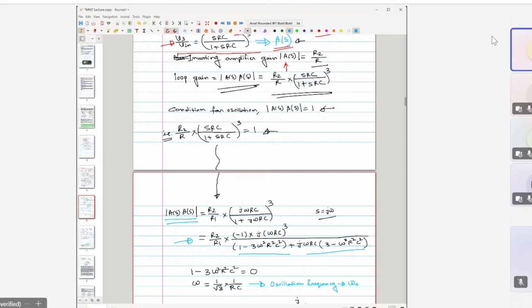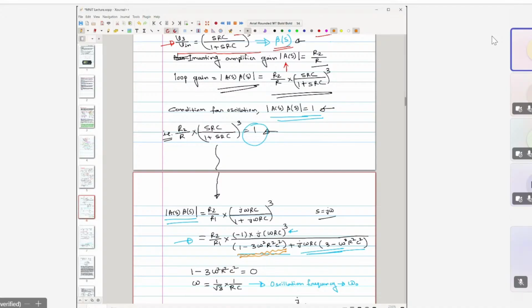But as per Barkhausen criteria, this has to be equal to 1. So that means this has to be a real term. So how can you make this term real? You can see here, this numerator also has j, denominator also has j. So it is not possible that omega RC should be equal to 0. So the other way you can think of it is that if we can make this part equal to 0, then here is one j, here is one j, both of the j's would cancel out.